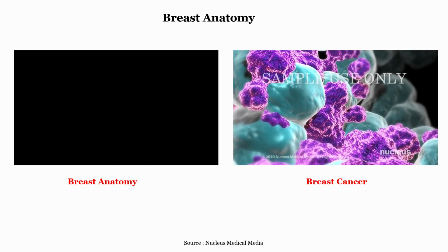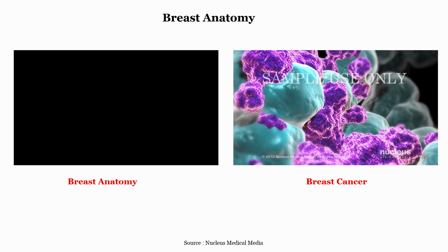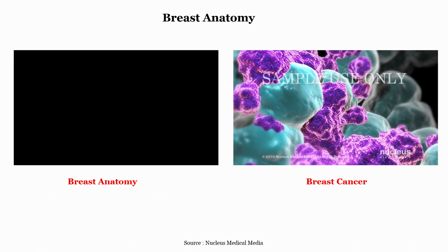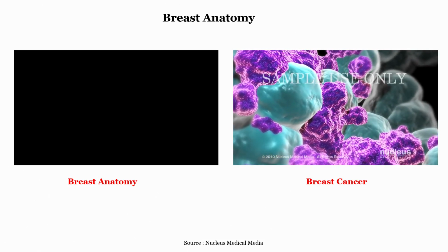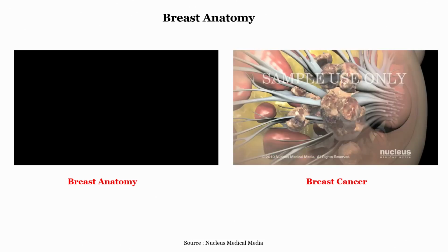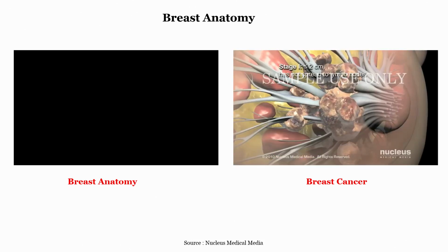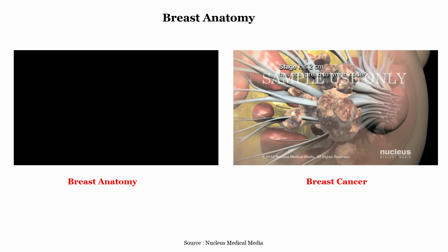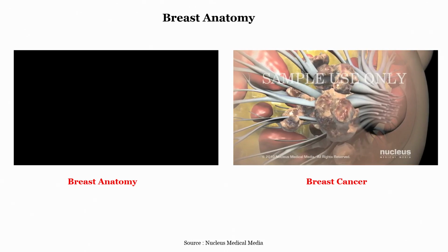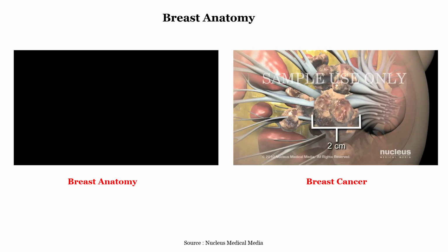In this stage, there is no evidence that the cancer cells have spread into neighboring breast tissue beyond the duct or lobule. Stage 1 is considered an early stage of invasive breast cancer. When measured, the tumor is no more than 2 centimeters in diameter, and there is no evidence that the cancer cells have spread beyond the breast.